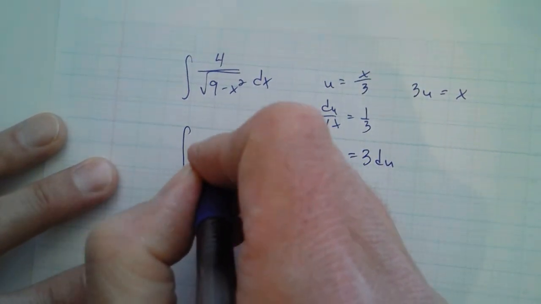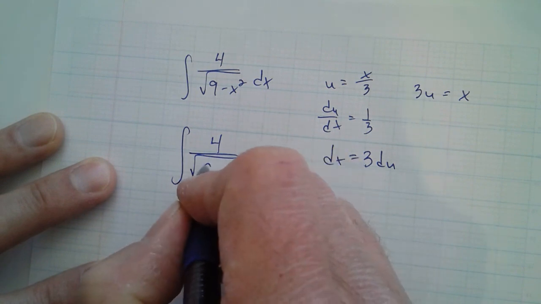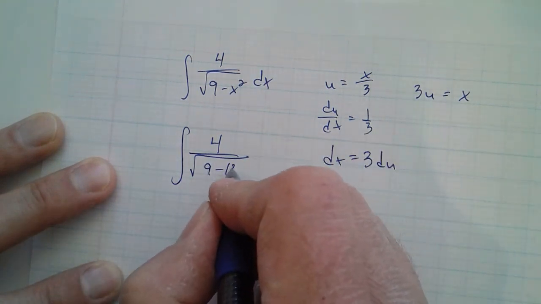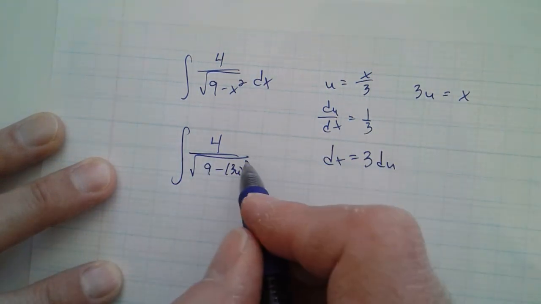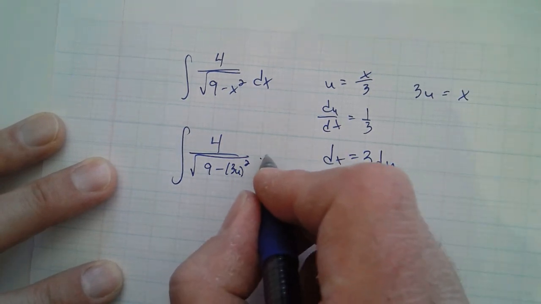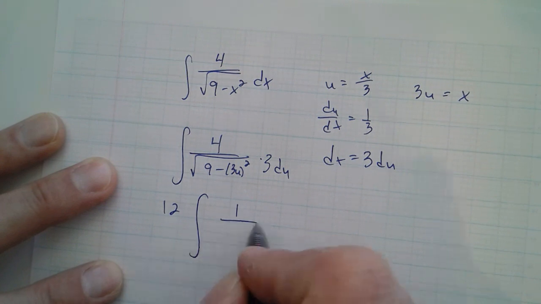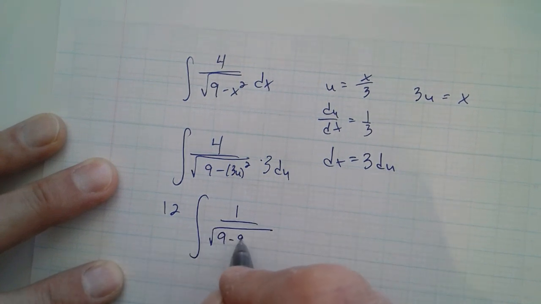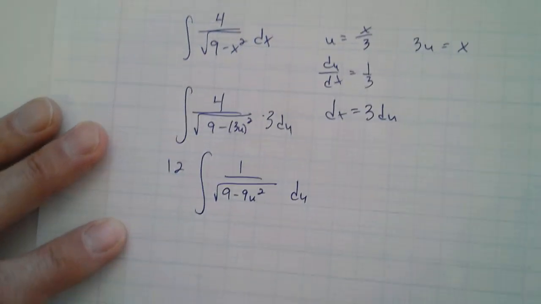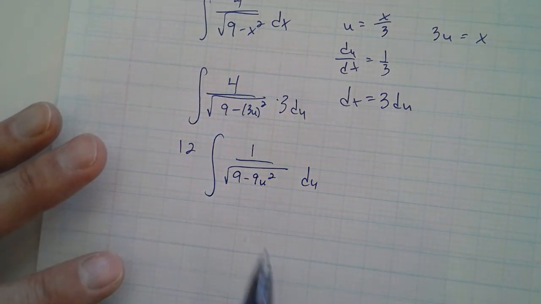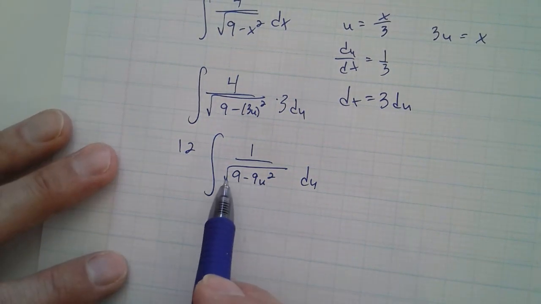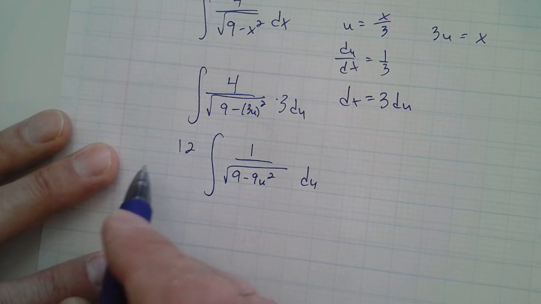So 4 over the square root of 9 minus 3u squared, and dx is just 3 du. Take out a 9 from the bottom, square root of 9, so it becomes a 1/3 out front.